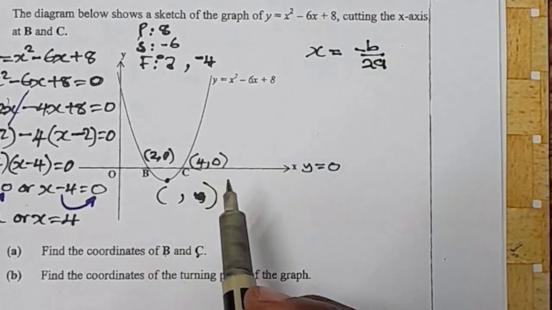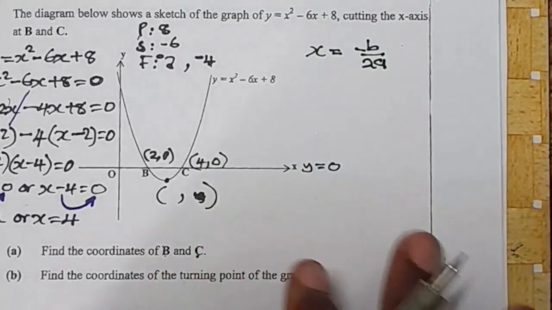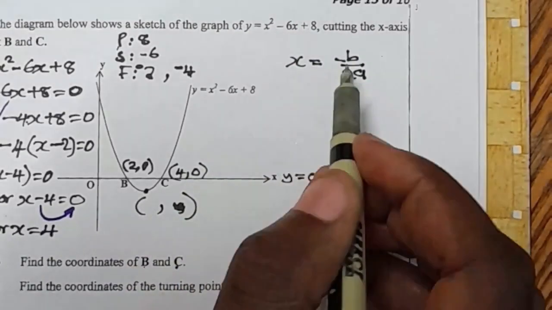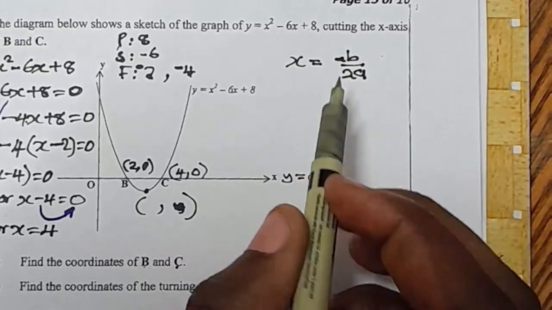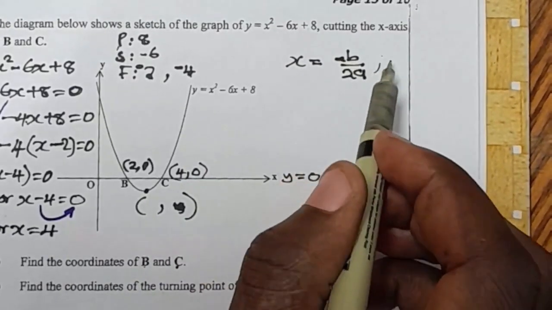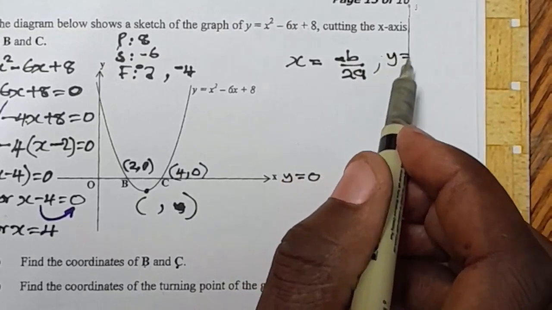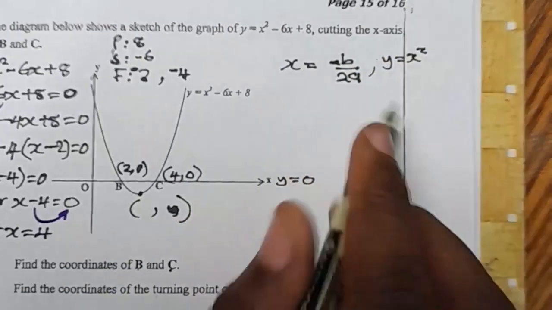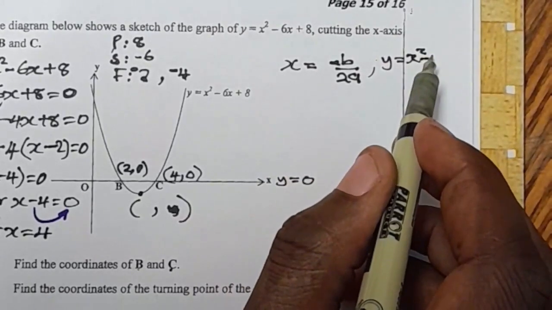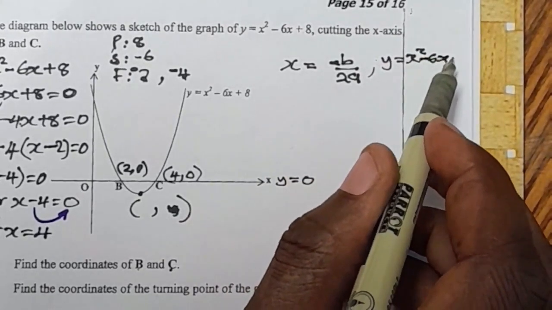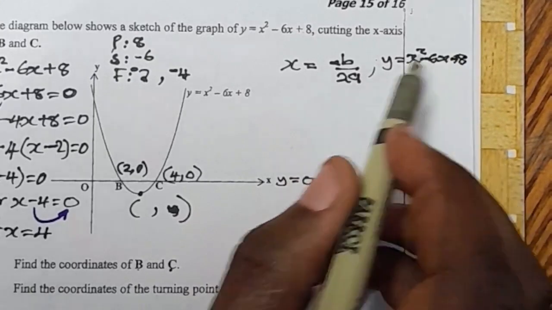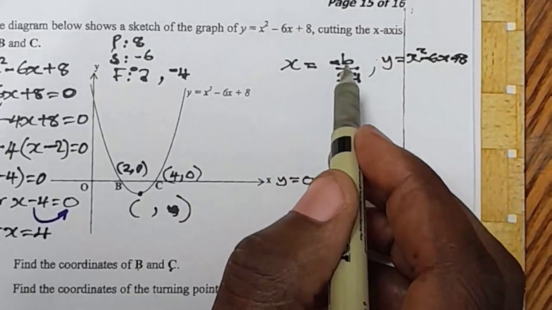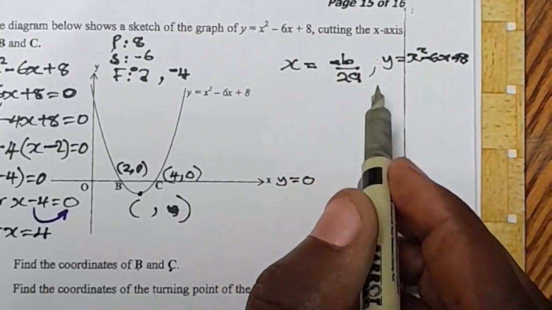That's a formula that we use to find the turning point, the x coordinate. Okay, so remember we have y is equal to x squared minus 6x plus 8.